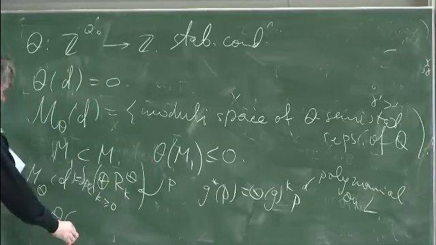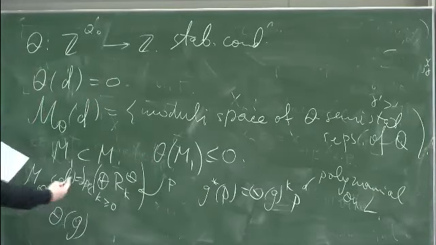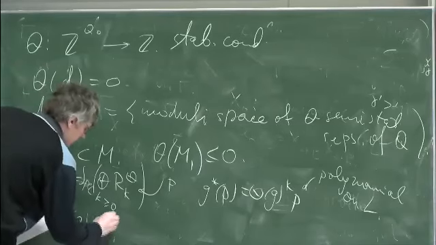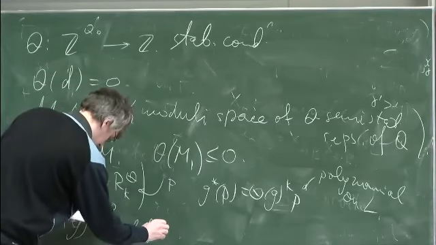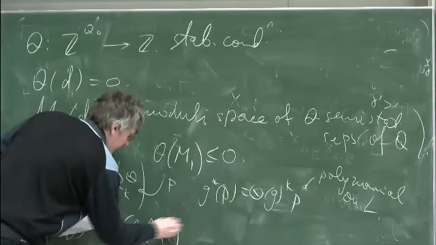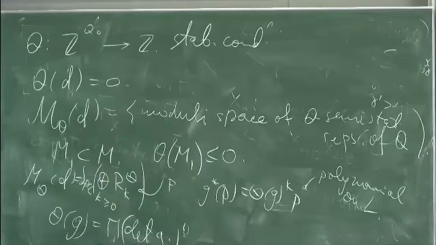And theta on G: we interpret this theta as a character of our group, the product of determinants of g_i to the power theta_i.